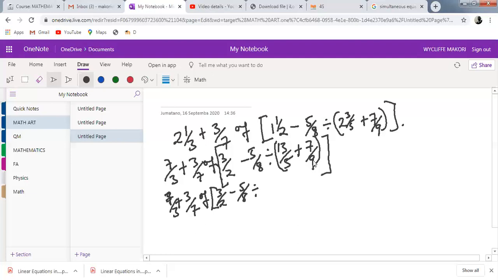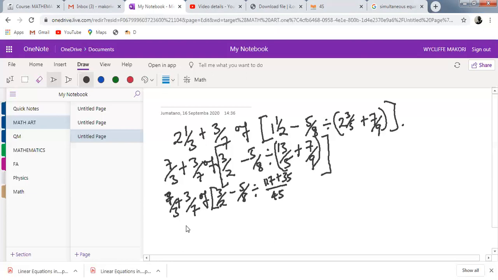The LCM of 5 and 9 is 45. 45 divided by 5 is 9. So we are going to have 9 times 13, which is 117, plus 45 divided by 9 is 5. 5 times 7 is actually 35.